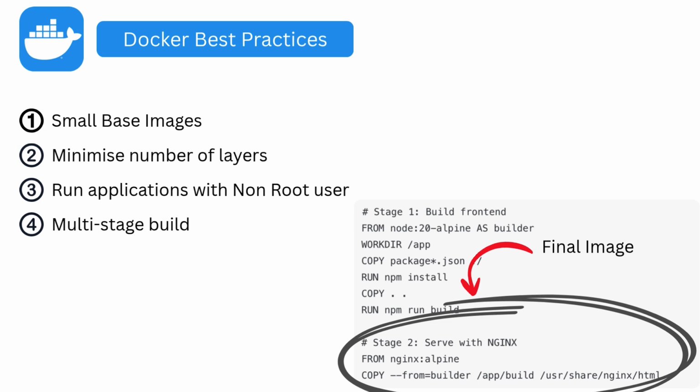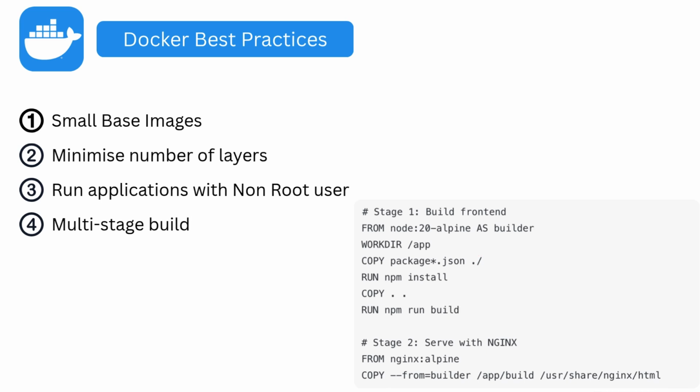The second stage will have only Nginx, not node related runtime and npm commands. In second stage, we copy artifacts created in first stage, deploy it on Nginx server. Because of using multi-stage Docker files, we are able to create a final minimal Docker image.